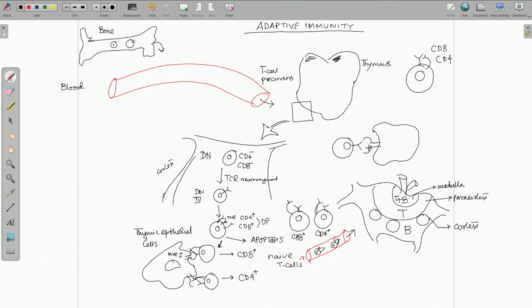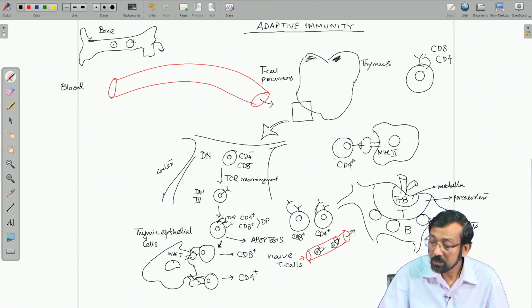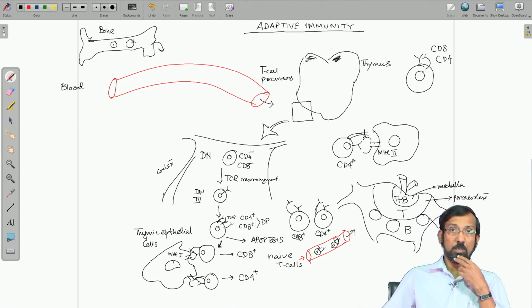Let us take an example of the MHC class 2 from here. So, let us say this is the MHC class 2, and this is a CD4 plus T cell, and this is the T cell receptor and a CD4 co-receptor.